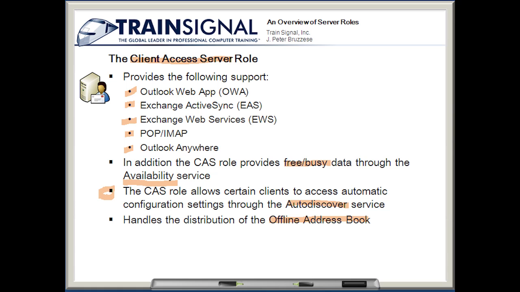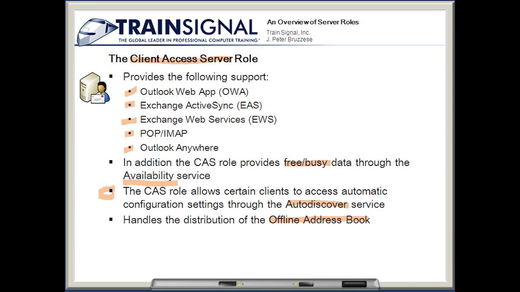So this is one of your key servers, and now you can see why, because it provides so many features here that are absolutely necessary. In fact, one thing that we don't want to forget to mention is that even though you see all of these different provisions of the Client Access Server role, you might think that it only has to do with external connections or internet-oriented connections to the Client Access Server.